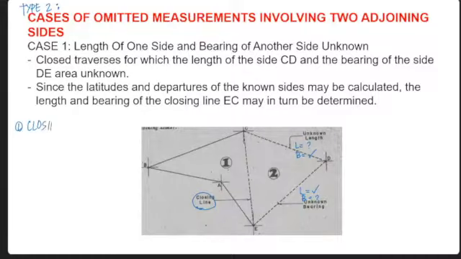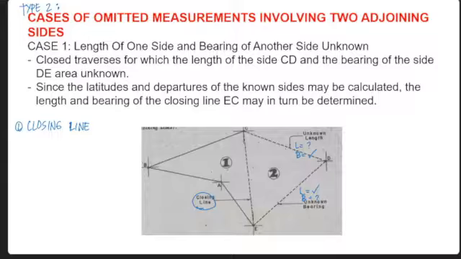Mag-establish tayo ng closing line na tinatawag. So our closing line is the boundary or naghahati between our sides with known quantities and sides with unknown measurements. So line CE is our closing line.